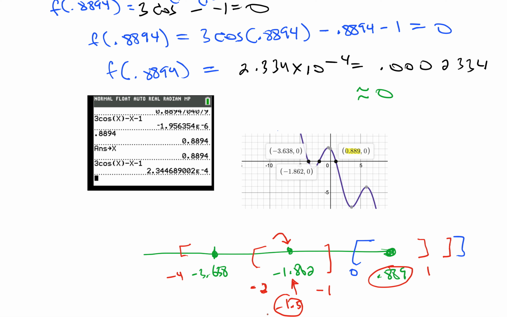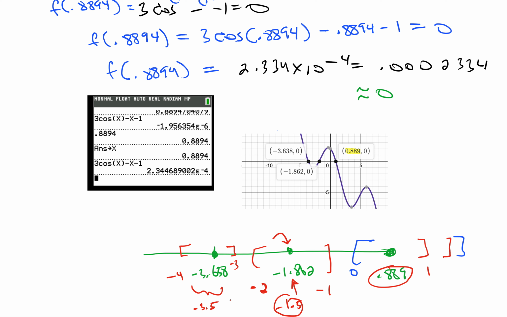Remember, you find a number between the two. That's how we got our 0.5 to begin with. So here you have negative 4 and negative 3. What number would you try for your x1? Yeah, negative 3.5.